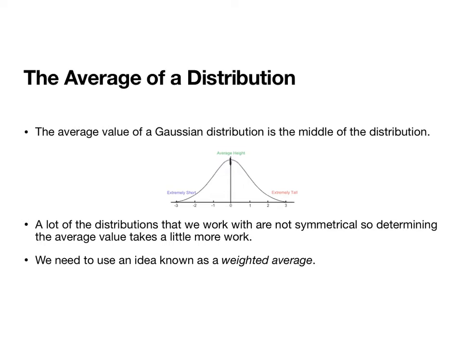If we were thinking about person height, we have extremely short people on this side, extremely tall people on this side, and we have an average height. Now, a lot of distributions that we work with are not symmetrical, so determining the average value is going to take a little more work.